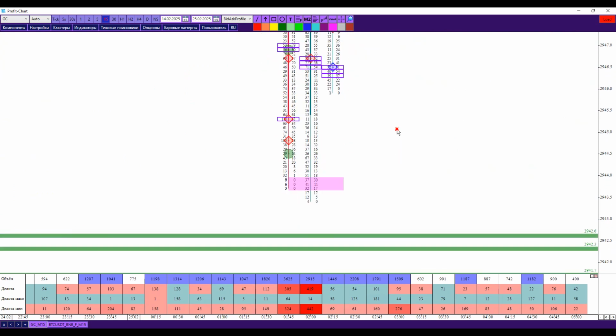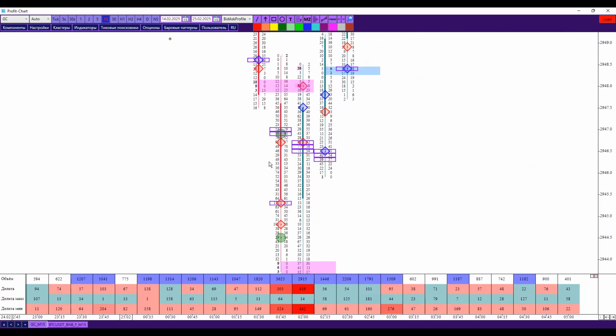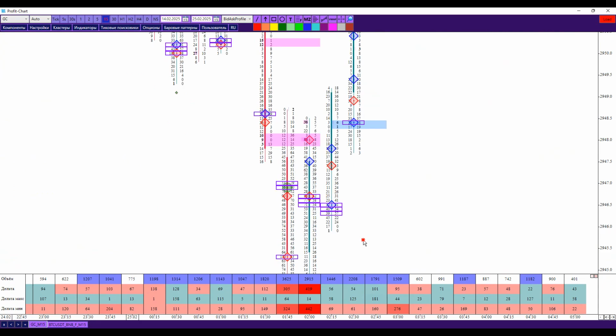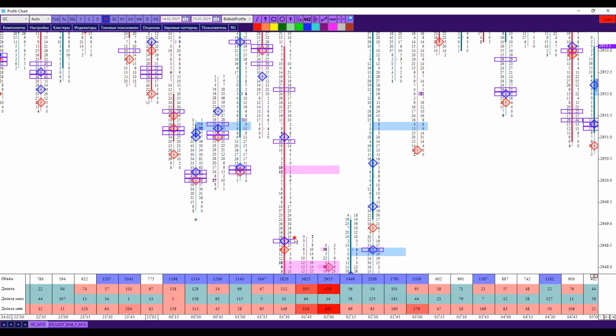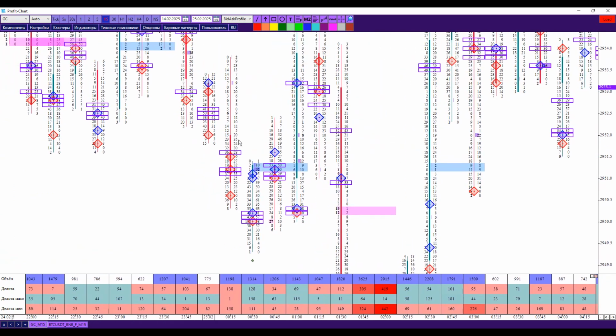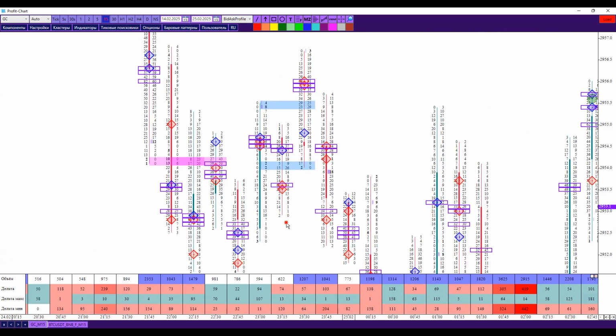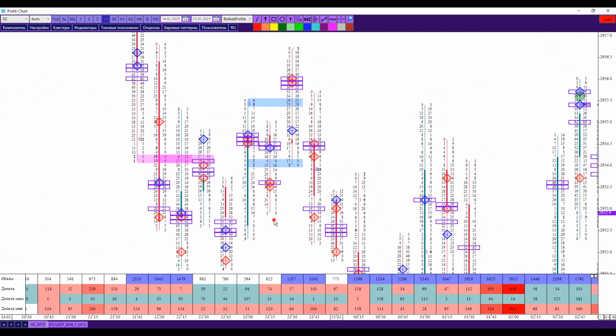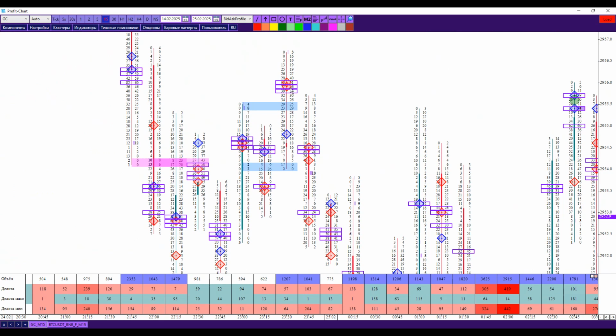For me, this is a tool so far, the Delta tool is also new. But nevertheless, I have already encountered it, and in a few more videos I will show how it works. Well, for example, for M15, three maximum volumes. And here are two maximum negative deltas. That is, sellers made the maximum effort.